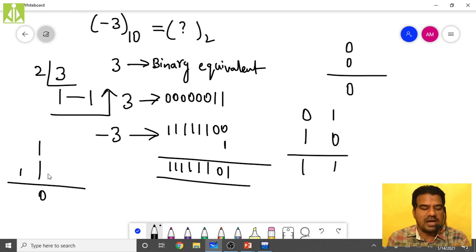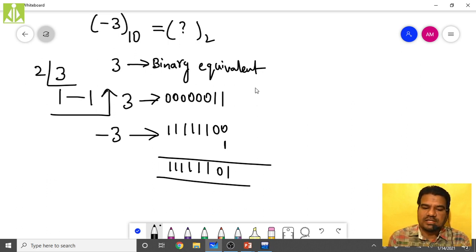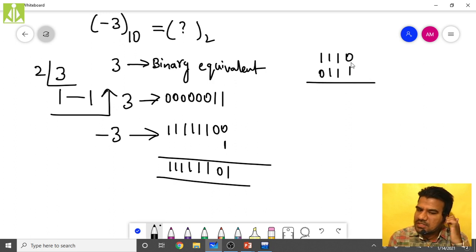To understand this, I will take one simple example and make it clear. Let us say we are adding two binary numbers like this, 1 1 1 0 and 0 1 1 1. What will you get here? 1 0 will become 1 only. 1 1, as I said, is 1 0, so you put carry 1 and put 0 over here.